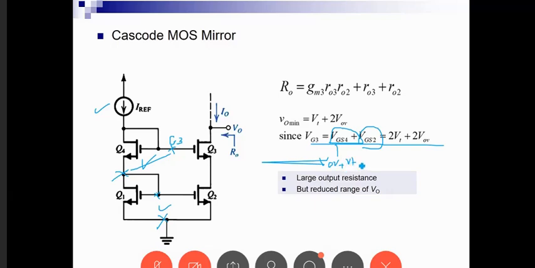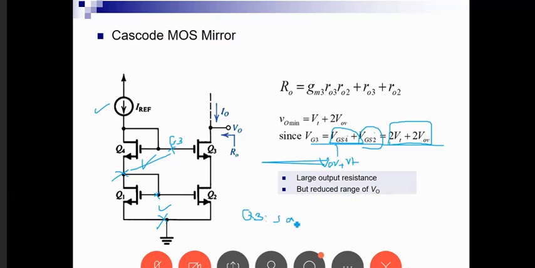The same applies for VGS2. It's also VOV plus VT. Therefore VGS4 plus VGS2 is 2 VOV plus 2 VT. This is given from VG all the way to ground. Now we say we want Q3 to be on set.